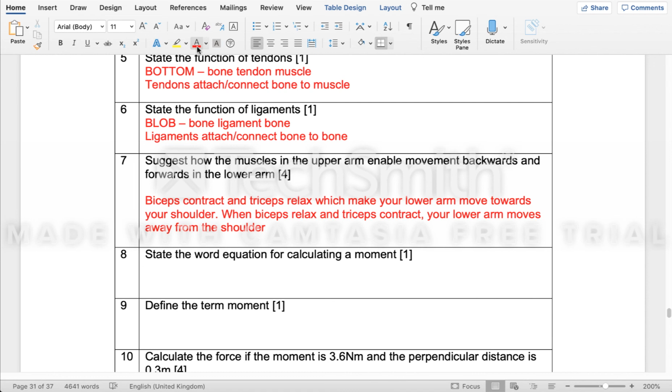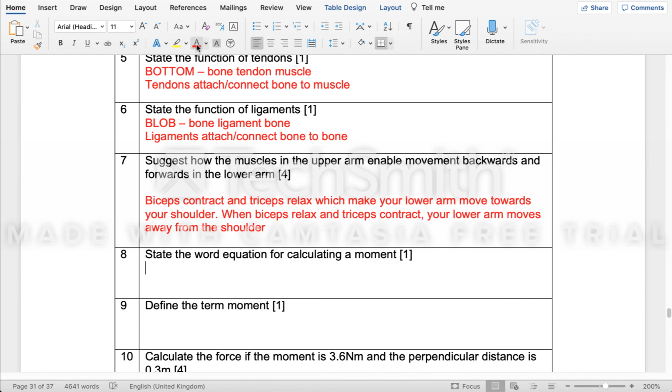When your biceps contract, it should feel like you're pulling on your forearm, and then the opposite should be true. Your biceps are relaxing, which means that they're getting longer, and which means that your triceps on the opposite side of your biceps are getting shorter. They're contracting. Perfect.